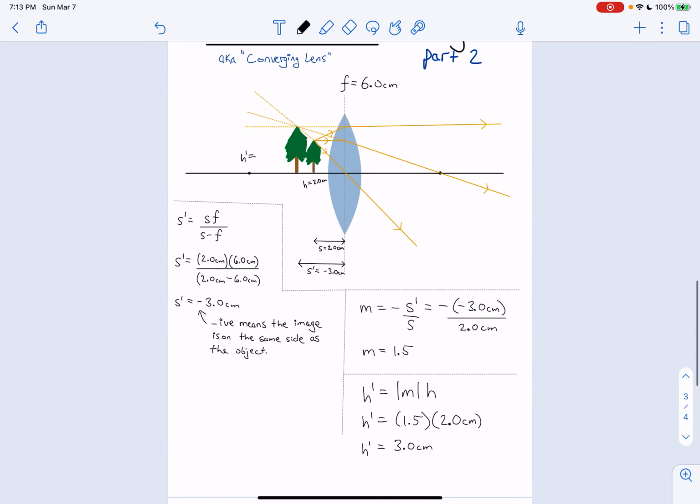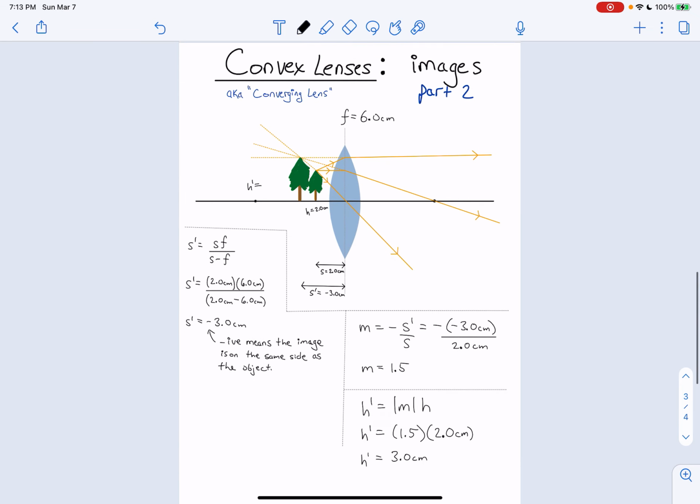And so that's how we analyze convex lens images produced when the object is inside the focal point. And that's it.